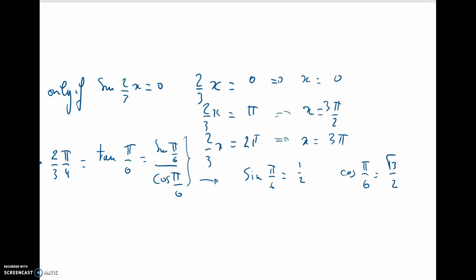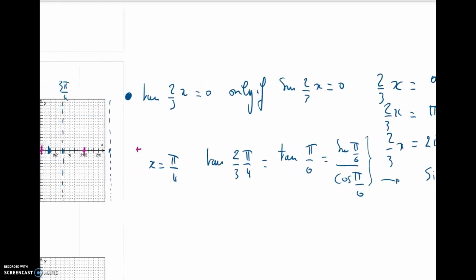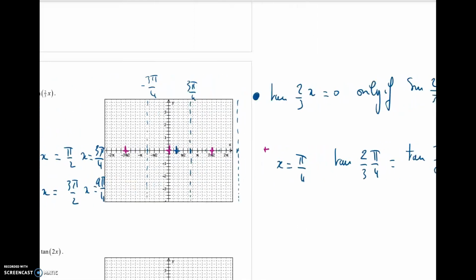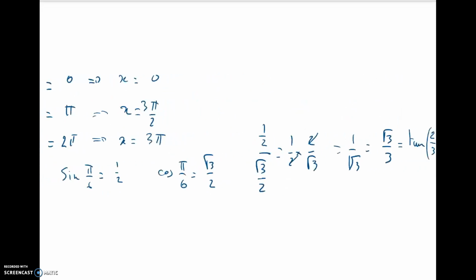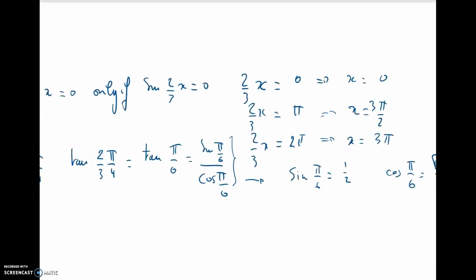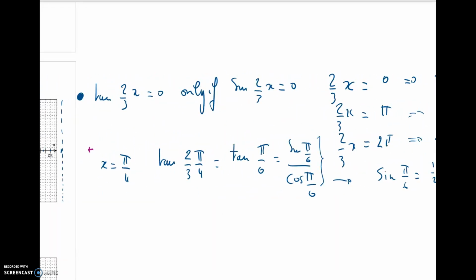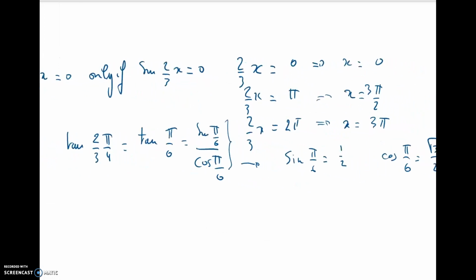So when I'm done with that, I'm plugging my 0, of course, right here in purple. And then what I need to do is take a value of x, and I decide to take x equal pi over 4. What would be the value of my tangent 2/3 of x when x equals pi over 4? 2/3 of pi over 4 is pi over 6.